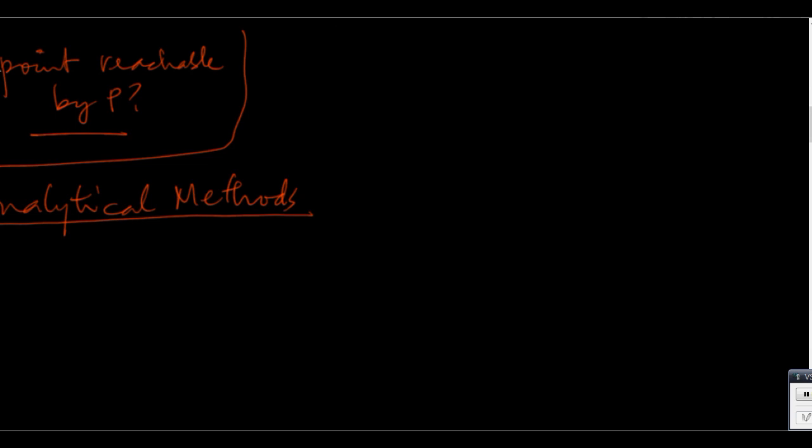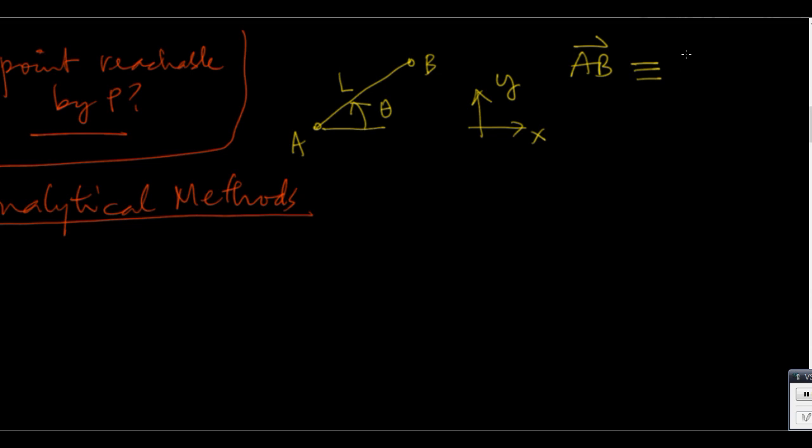We say, let this be a point A, let that be a point B, let this length be L, let x and y axes be given, let this be along x, let this angle be theta. Then the vector AB is written as equivalent to L e to the power i theta. So we are using complex notation to represent vectors in 2D.